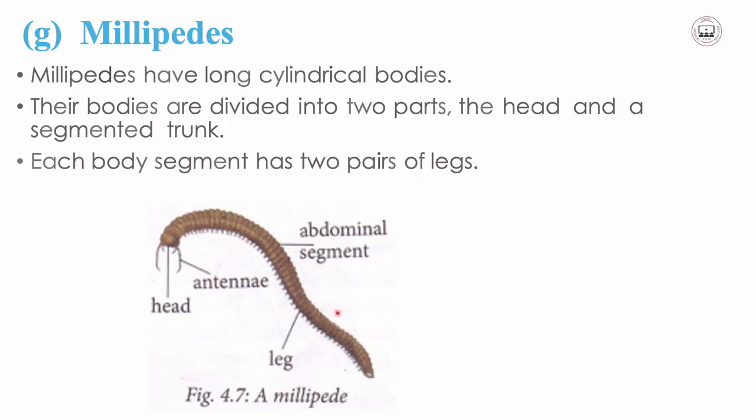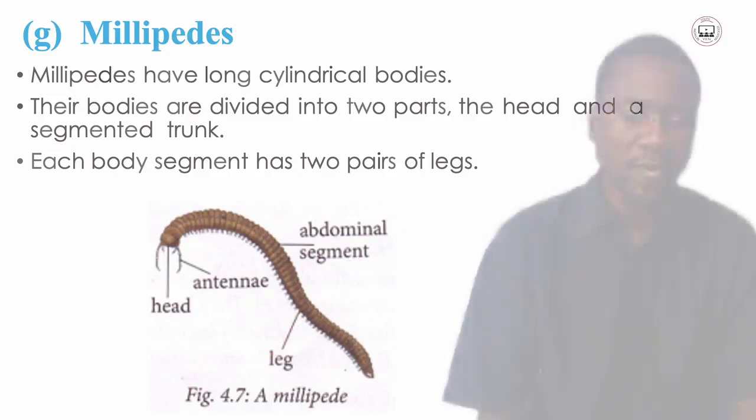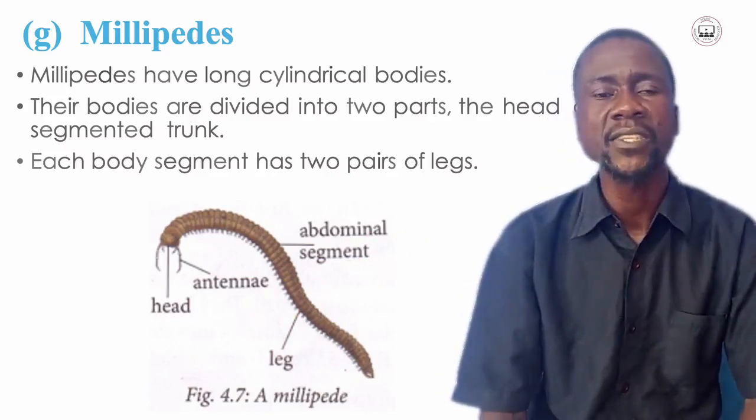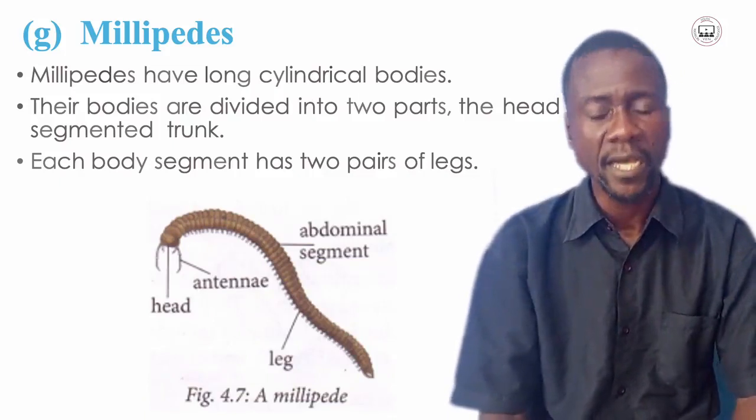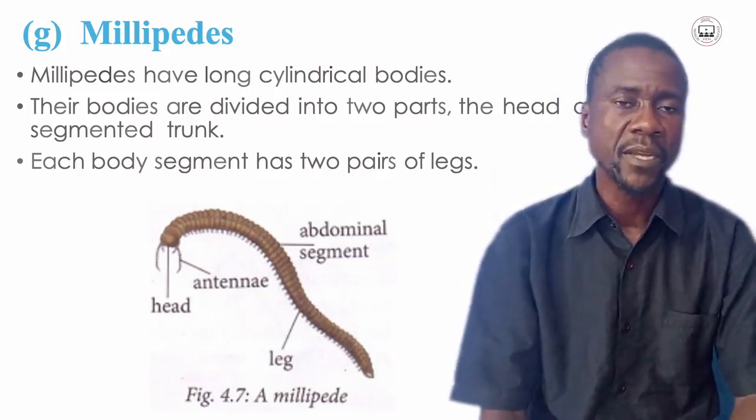So this is a very good example of a millipede. These are the antennas and the head, and then this is the abdominal segment where we see some legs down here. All what we're explaining here are the characters which we may see from the invertebrates.